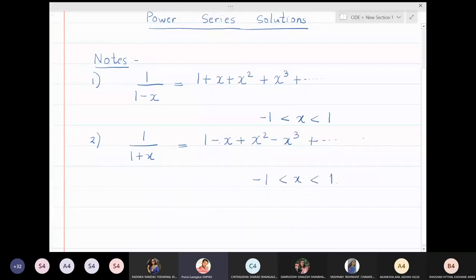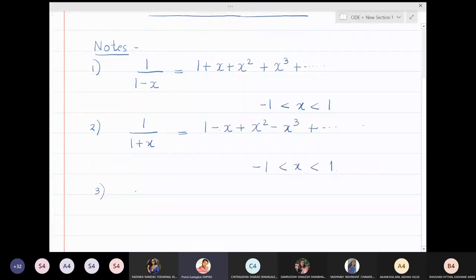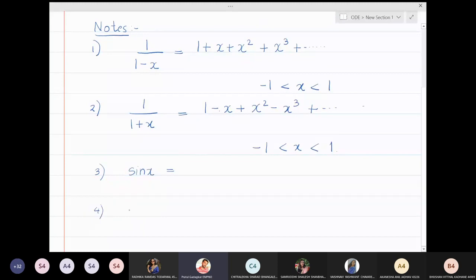The third thing that we know is the Taylor series for sine x and the Taylor series for cos x. What is the Taylor series for sine x? It is x minus x cube upon 3 factorial plus x raised to 5 upon 5 factorial and so on, with alternating plus and minus signs.